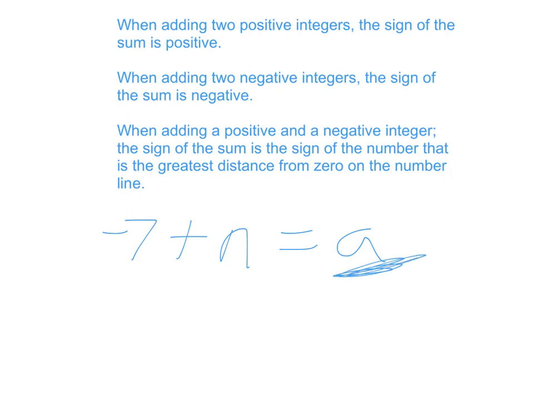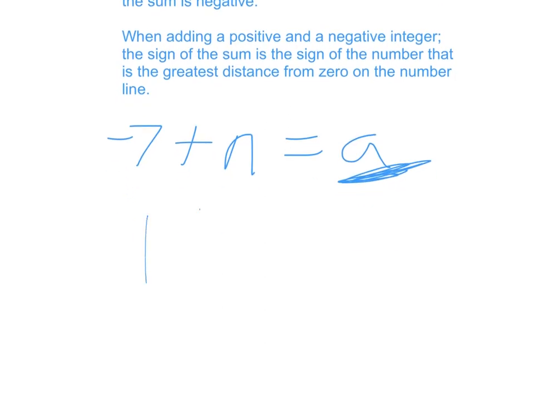Well, if I told you that the absolute value of n was greater than 7, then that means that a is going to be positive if n is positive. If n is negative, a will be negative.